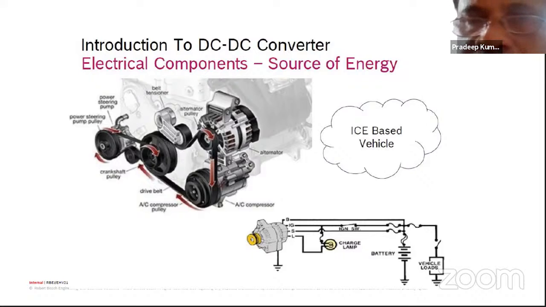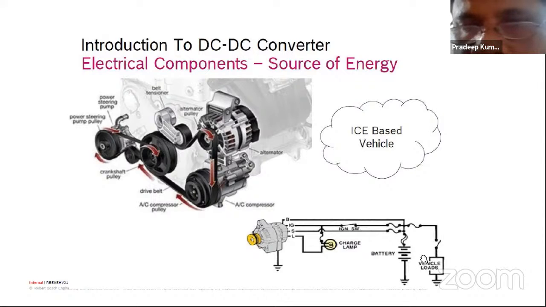The trunk, the direction signals, the lamps, all this is operated from the 12-volt battery, and this battery will get discharged as and when current goes through it and supplies various vehicle loads. So this alternator keeps on charging your 12-volt battery. This battery and the vehicle loads remain the same, whether it is an IC engine or an electric vehicle.